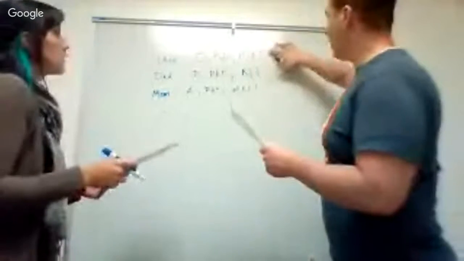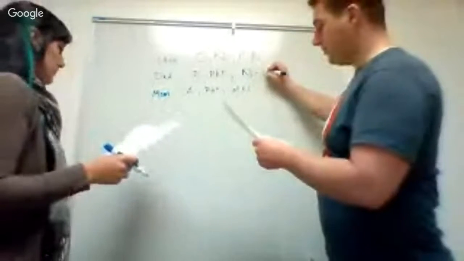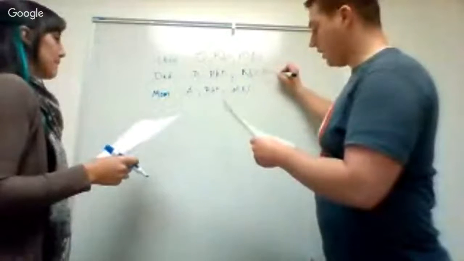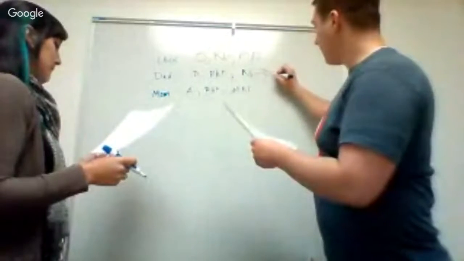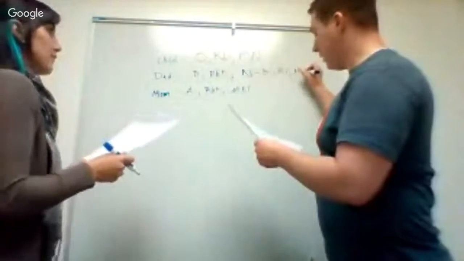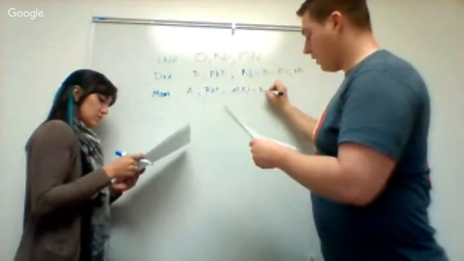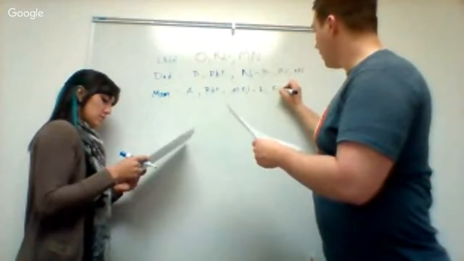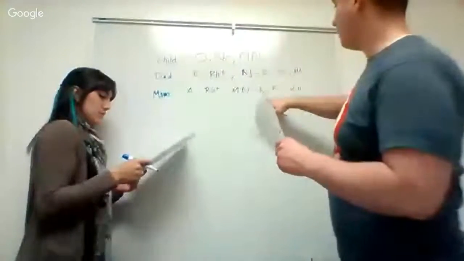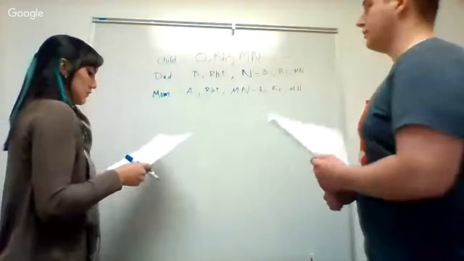Sorry, the father would have B, i, R, r, M, N, and then the mother would have A, i, R, r, N, N. And if that were to be the case, then the child would have this as their genotype.